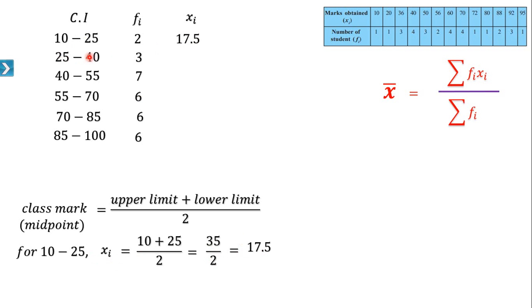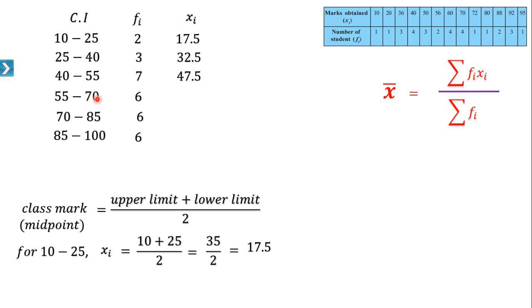Now, 25 to 40, 40 plus 25 is 65, 65 by 2 is 32.5. Now, 40 to 55, class mark is 40 plus 55, that is 95 by 2, that is 47.5.